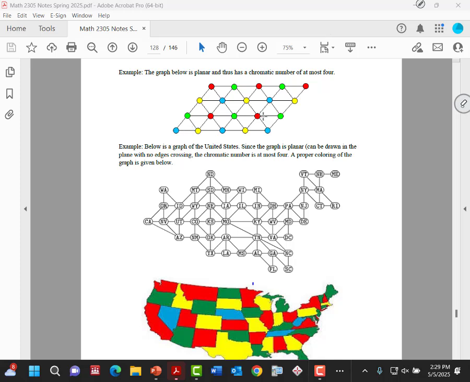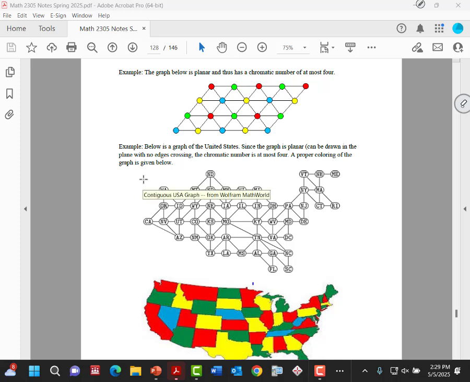So this graph right here with all of these triangles, it's planar. I can draw it in the plane in such a way where no two edges cross each other. And so notice the chromatic number is in fact 4, but it puts a cap on it. It puts a ceiling on it.